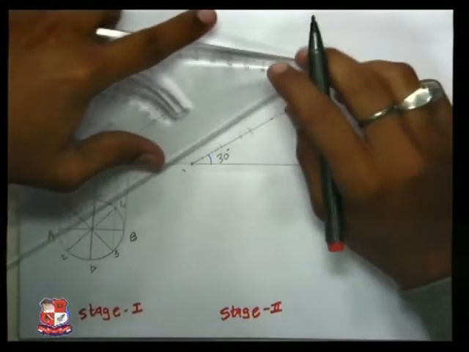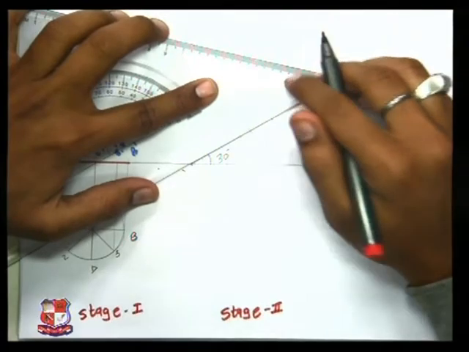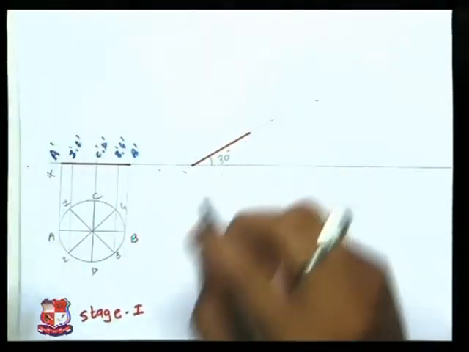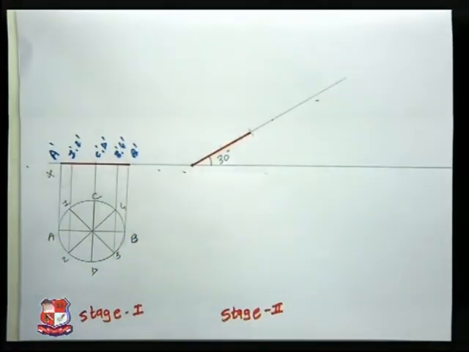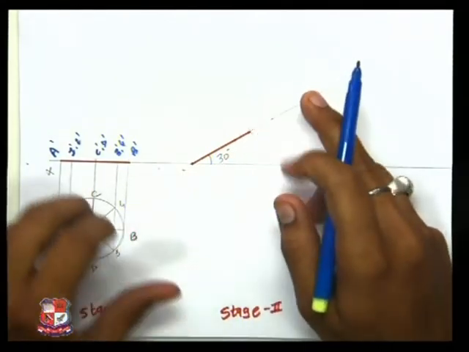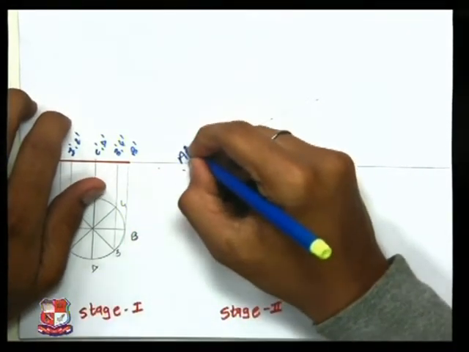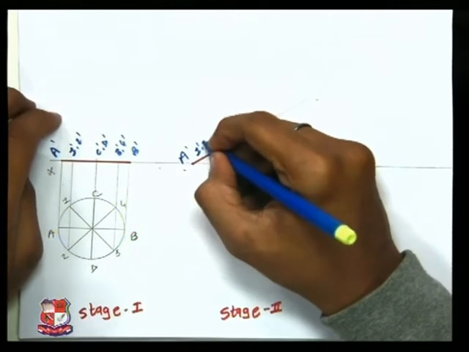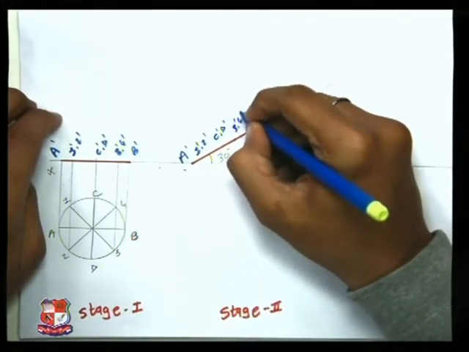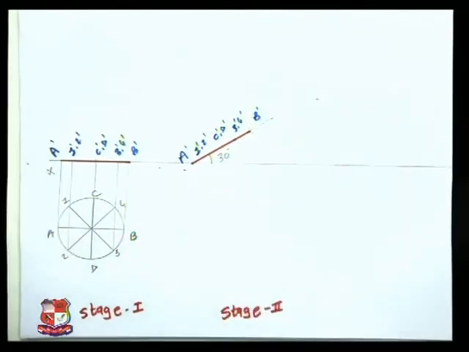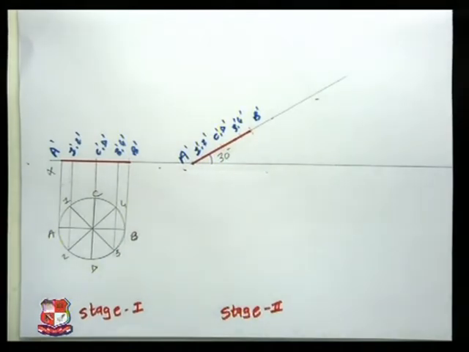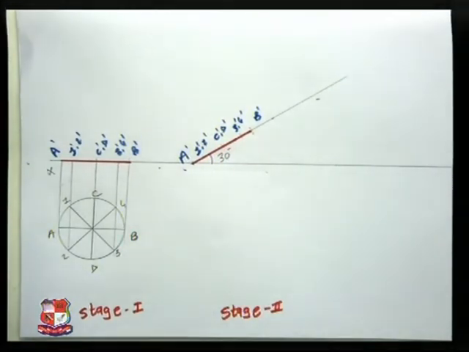Let's highlight it once more. This plane is tilted at 30 degrees now. A dash, 1 dash, 2 dash, C dash, D dash, 3 dash, 4 dash and B dash. In the problem it has been said that AB is inclined 30 degrees to the HP.